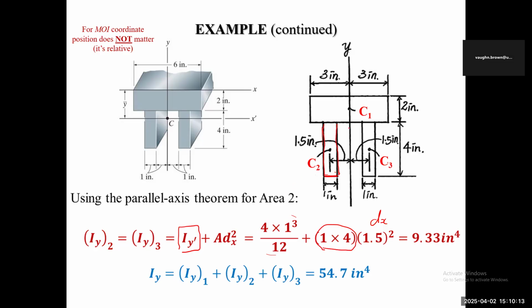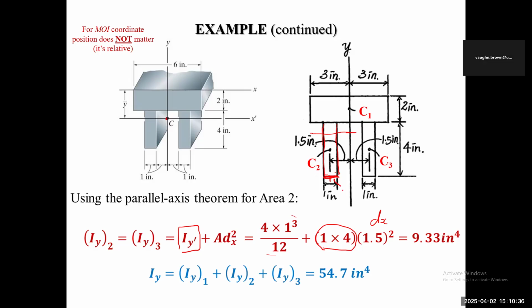So remember, the centroid for C2 is down here. Is 1, yeah. Right. And so then the distance along the x is 1.5 from it. Look, because half of this is 1, so half of 1 is 0.5.